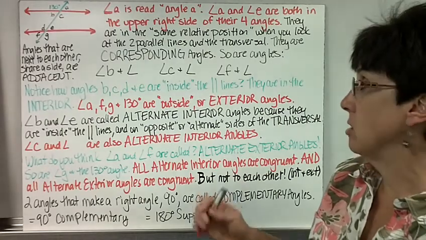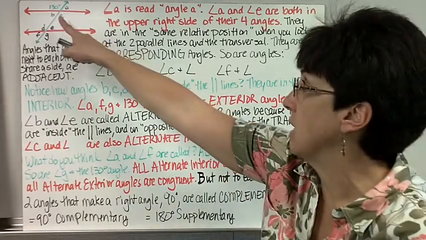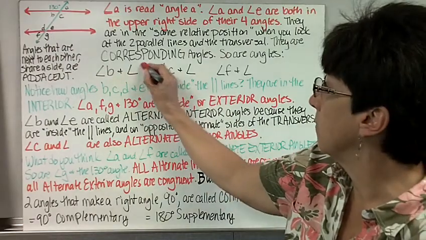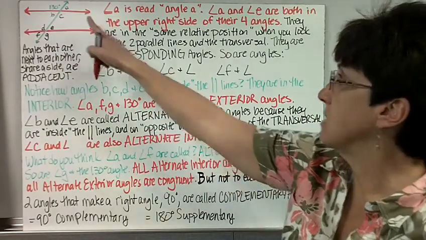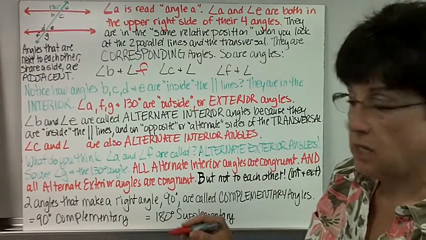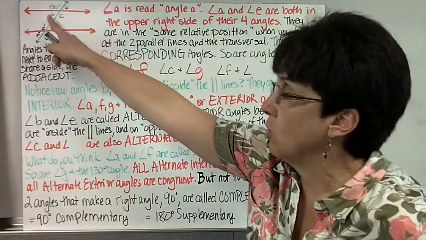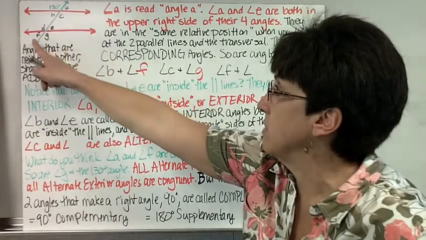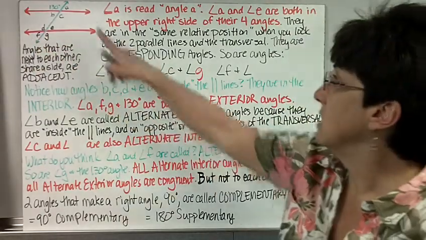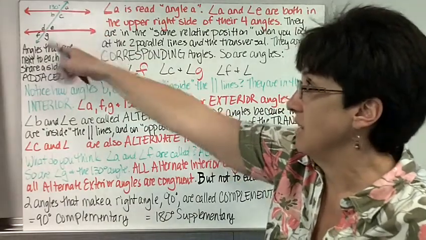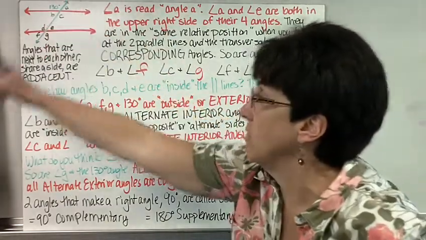So are angles B and F, hopefully you said. Angle C and G, because B is in the lower left side, F is in the lower left side, C is in the lower right side. Like if you have this line cutting in half, these are the right-hand side, those are the left-hand side.